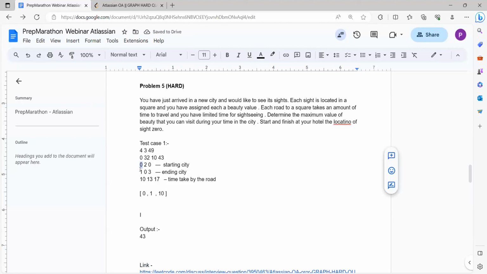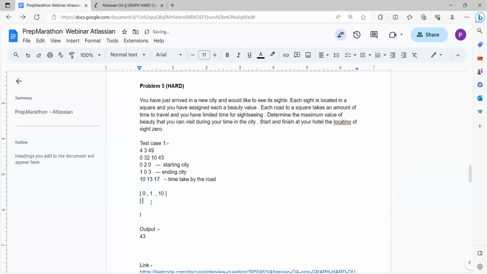City 0 is the starting city, city 1 the ending city, and this is the time. So in this way, input is given to you. First, this will contain three integer values because we have three roads only, and this will contain starting cities only. The next line contains ending cities only, and this contains the time to travel through the road between the starting city and ending city.